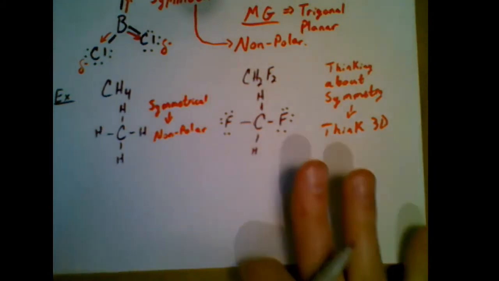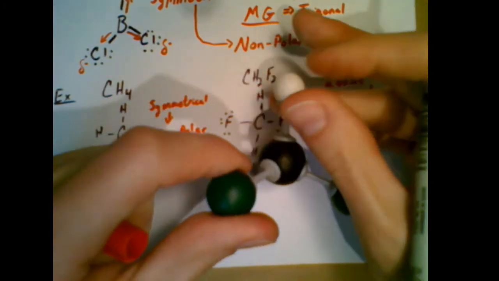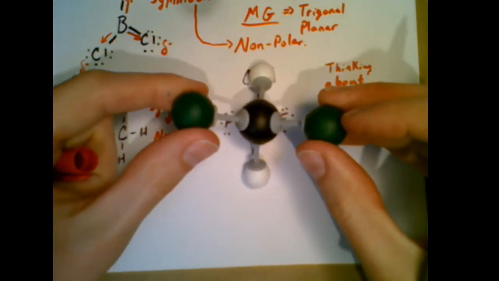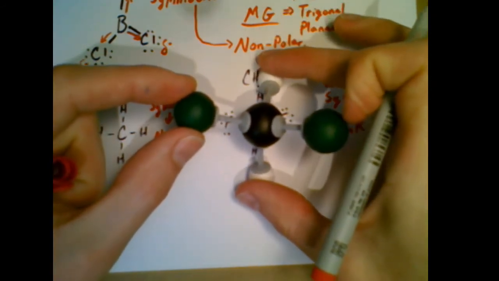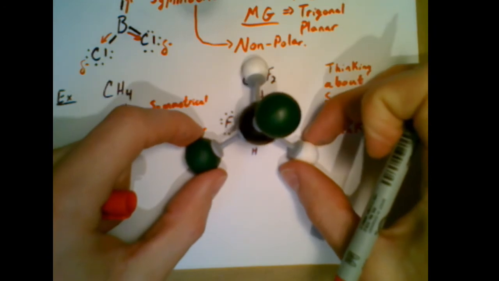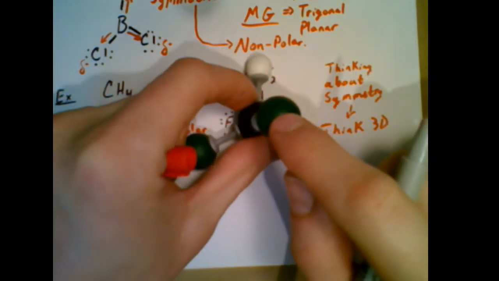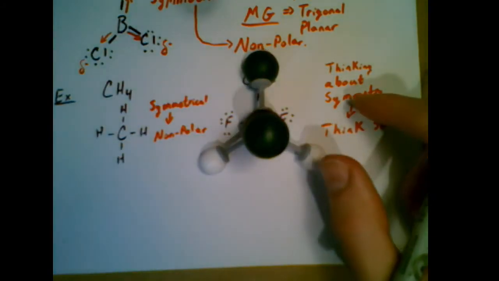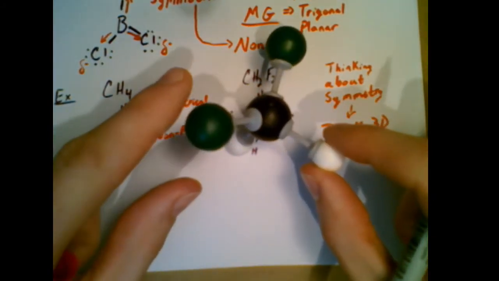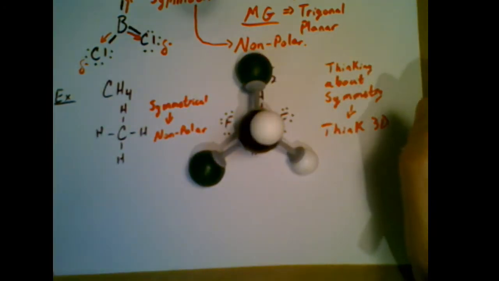Now, CH2F2. I want to show you how we actually get this structure. It looks like this: carbon in the middle, F's on the sides, H at the top, but I'm going to move it this way. Now let's do that same rotation. I'm going to move this over here. It no longer looks the same, but I can rotate it again, and you'll see that it looks very, very different if we move those 2 things there.